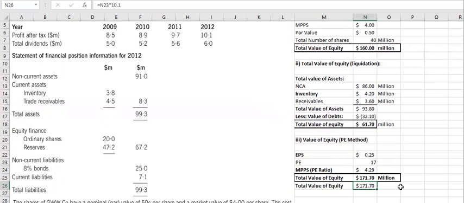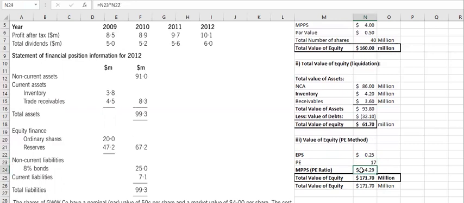Now the question may be, why did I calculate the earning per share then? Earning per share is useful where the question asks us to calculate the per share market price rather than the total value of equity. So where we are required to find out the price of each share, it's better to use earning per share, because by multiplying earning per share with the PE ratio, we get the per share price.